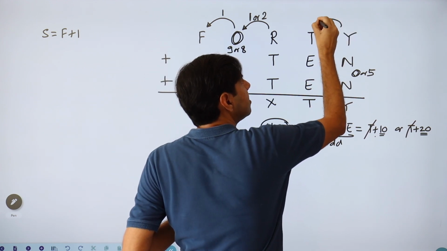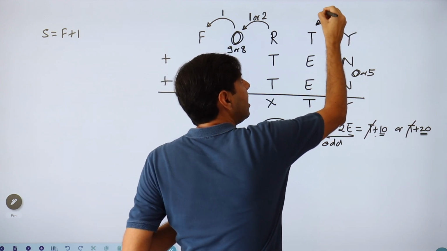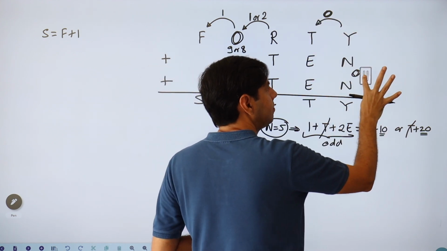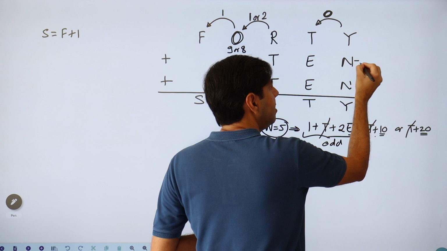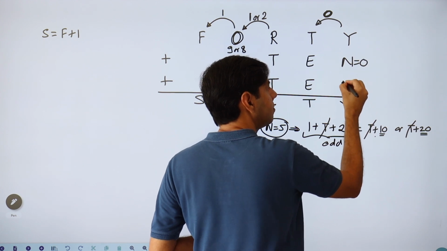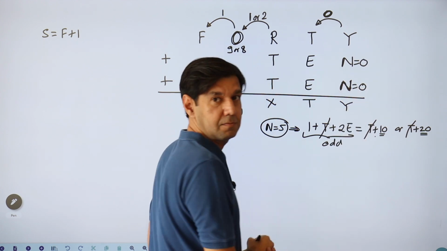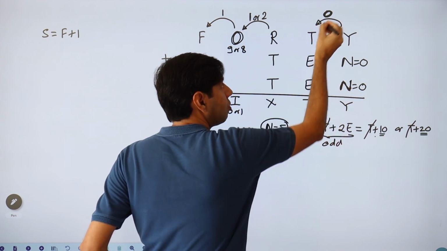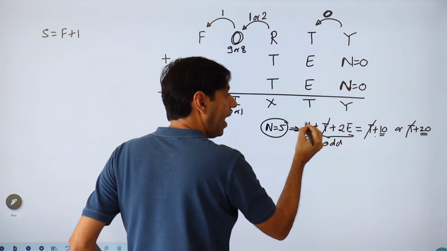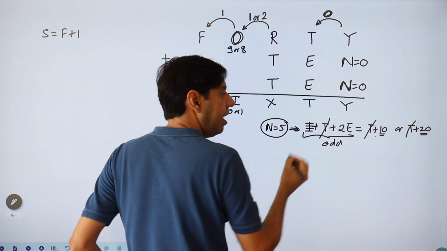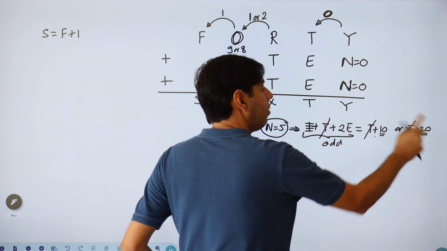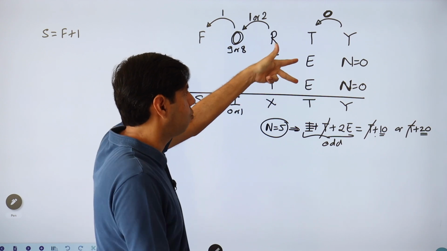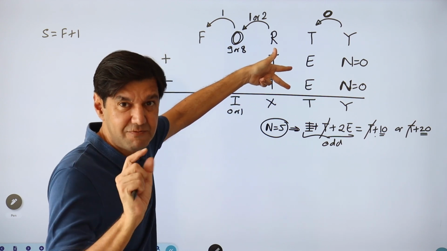So remember, there is a 0 carry here. And if there is a 0 carry here, lots of things get solved. So if there's 0 carry, this has to be 0. And if this is 0, there's no carry, so this 1 is not present over here, right? So 2e is either 20 or the t comes down as t itself. So 2e is going to end with a 0.